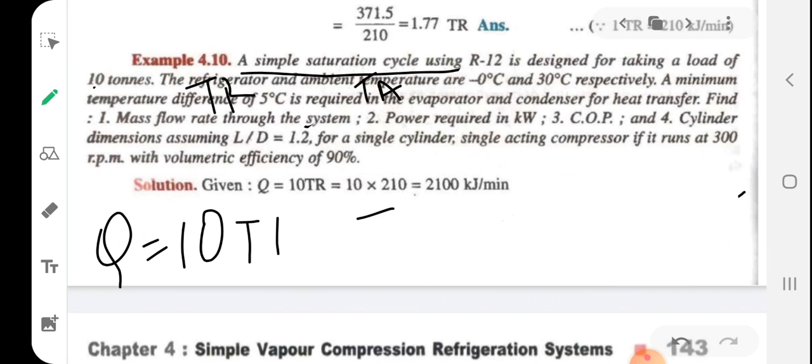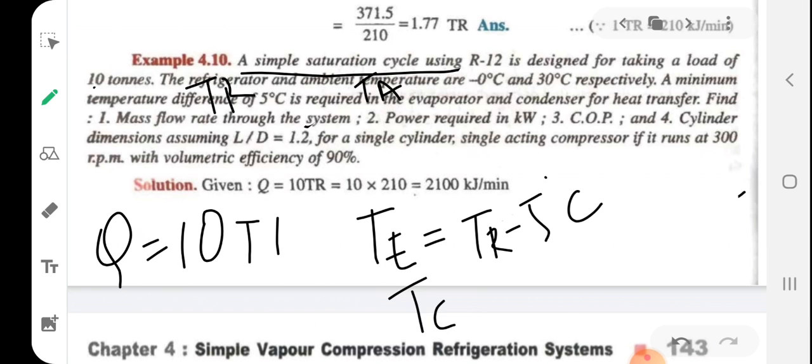So the evaporator temperature TE will be TR minus 5 degrees Celsius, lower than the temperature of the space to be refrigerated. And TC will be 5 degrees Celsius plus the ambient temperature. It should be higher than the ambient temperature.